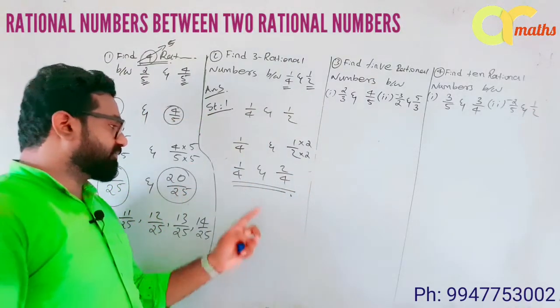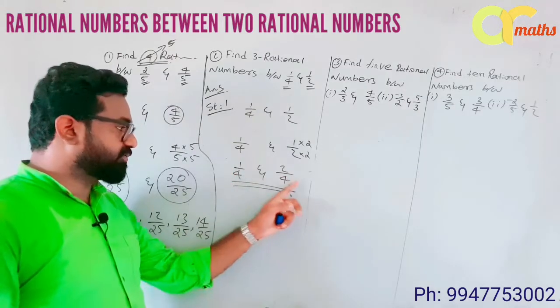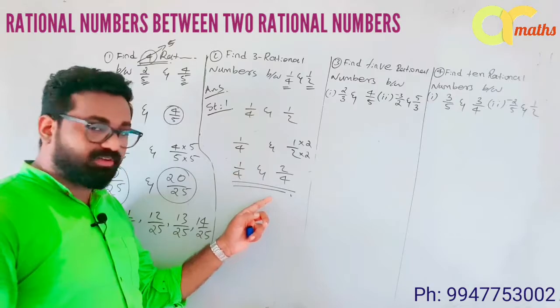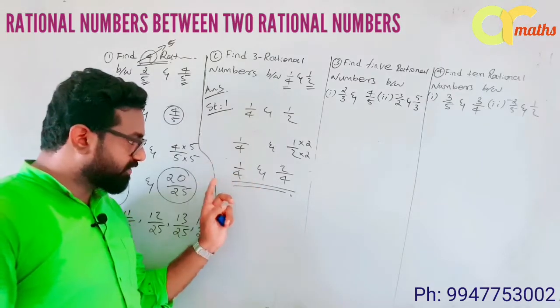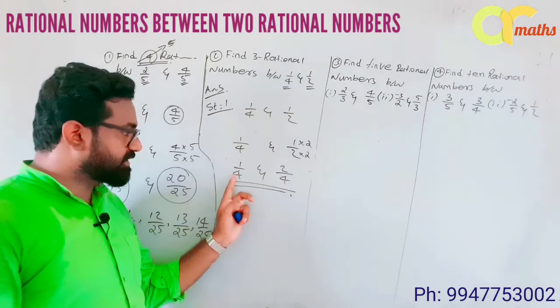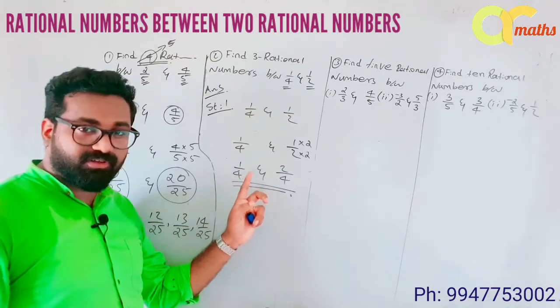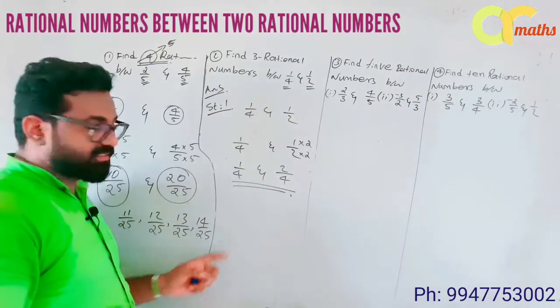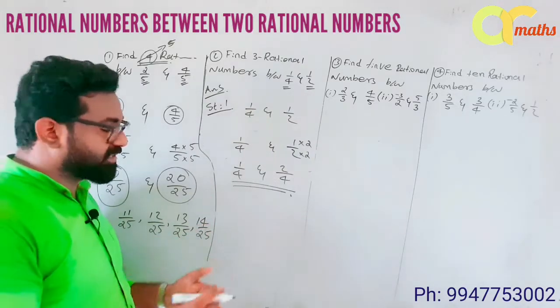So what are the rational numbers between 1 by 4 and 2 by 4? 1 by 4, 0 by 4, no. 1 by 4 and 2 by 4. Is there any rational number between 1 by 4 and 2 by 4? No. Then we have to expand these rational numbers. How to expand them?